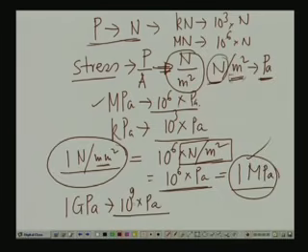So, 10 to the power 9 Newton per meter square, as Newton per meter square is the unit of 1 Pascal. So, the stresses can be represented either in terms of Pascal or kilopascal or megapascal or gigapascal.